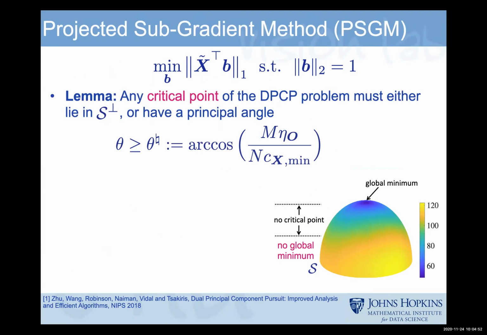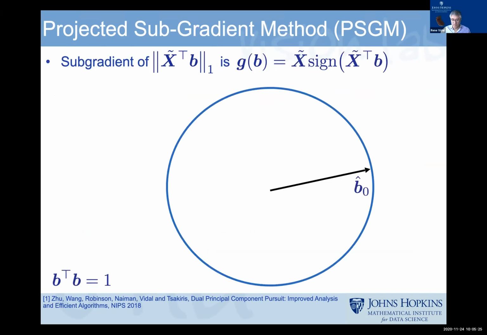Thanks. Yes. Let me take the first and the last, and we will take the second. So initialization. There is a lemma in the paper that there is no critical point in the middle region. So the critical points are either global minima or very far, beyond theta sharp. So what is the initialization?